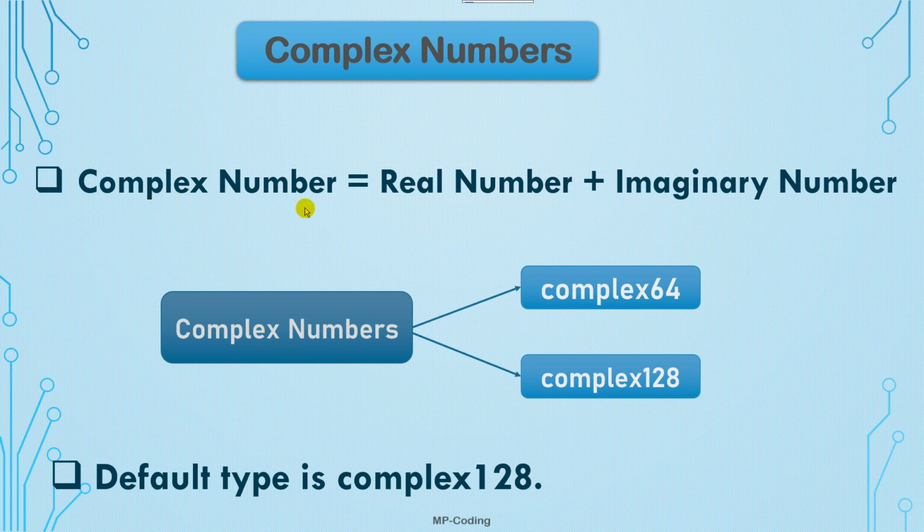A complex number is made up of two parts, that is a real number and an imaginary number. In complex numbers there are two types. The first one is complex 64. The second one is complex 128. And here the default type is complex 128.